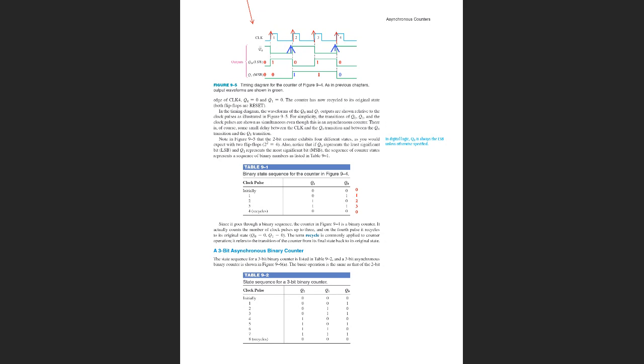And again, what's happening in table 9.1 is a binary state sequence. The first state of the counter Q1, Q0 is 0 0. The next is 0 1, then 1 0, then 1 1, then 0 0, corresponding to decimal numbers 0, 1, 2, 3, and back it recycles to 0.